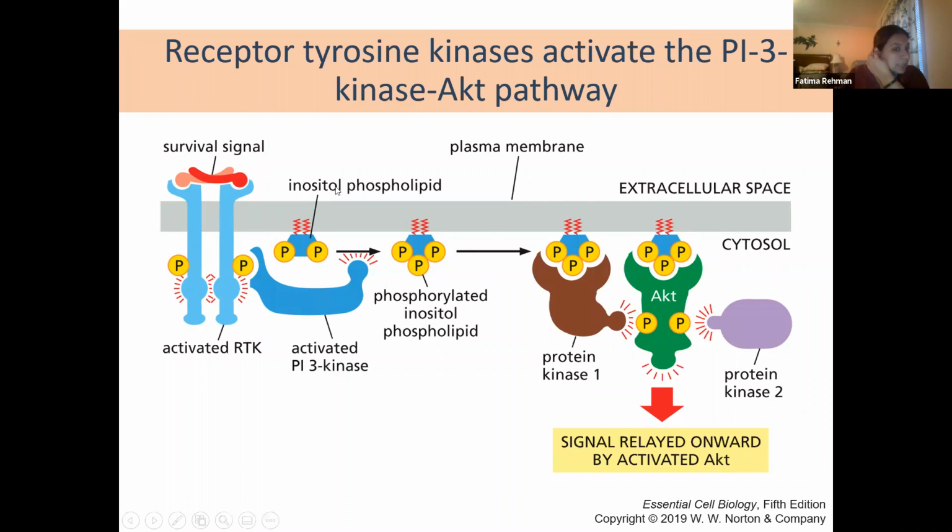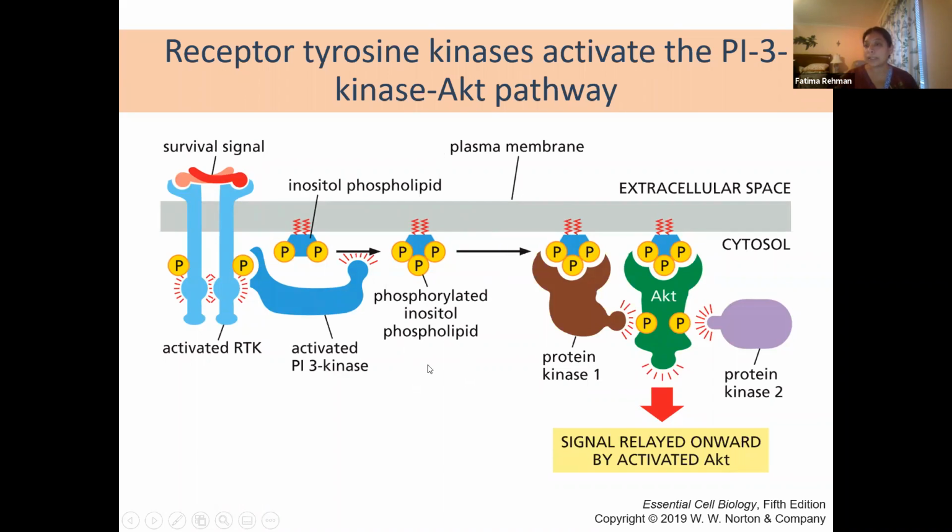In this case, you get a signal, again, bound to a receptor tyrosine kinase that will prevent death from happening in this stressed cell, and that will activate the receptor tyrosine kinase. This particular receptor tyrosine kinase will phosphorylate PI3 kinase that can phosphorylate these inositol phospholipids that act as second messengers.